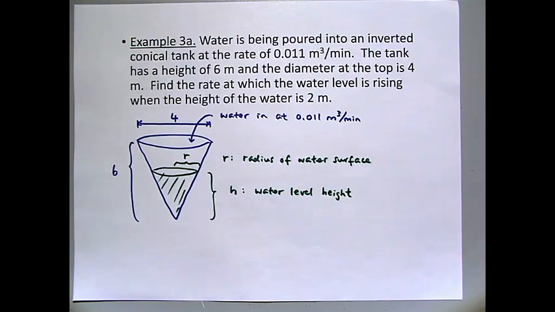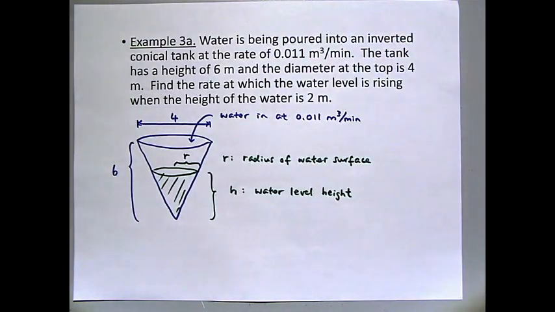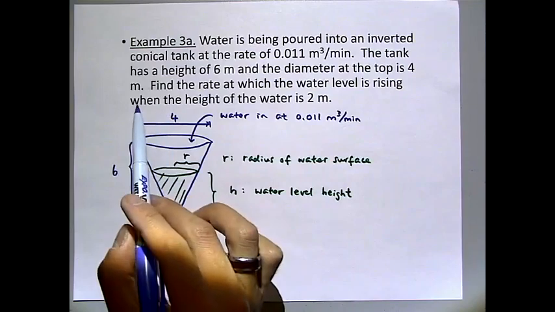Now you can see as water keeps being poured in, this green part will grow. So H is going to get bigger as time goes on, and R is going to get bigger as time goes on. It can only get as big as the tank itself, right? All right, so read the problem again. What do we want?